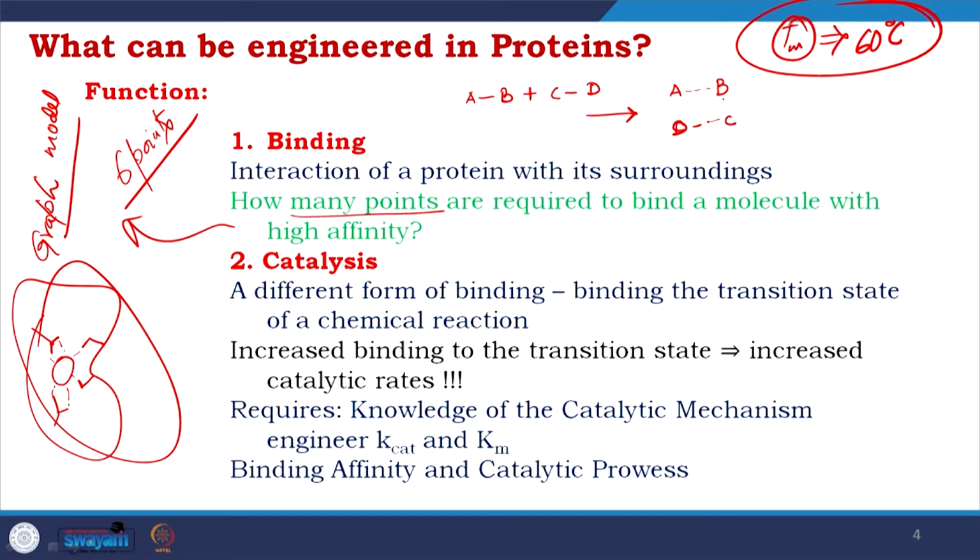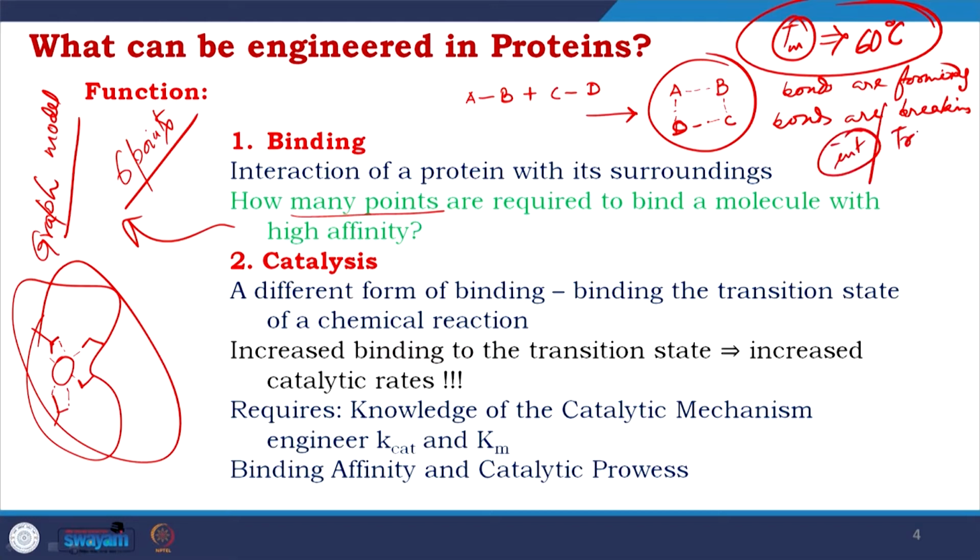The bond between B and C and A and D start forming. This is the state where bonds are forming and bonds are breaking. This state is called intermediate or transition state.